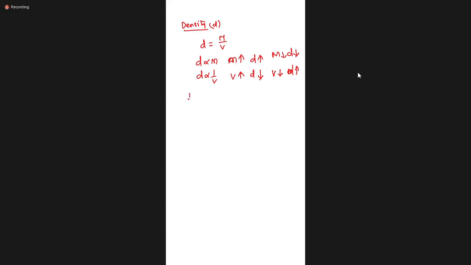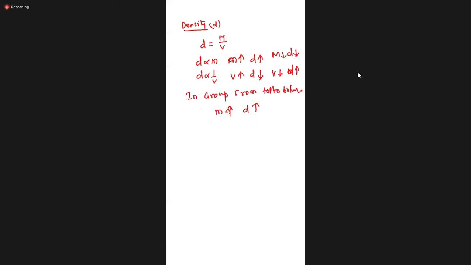So generally in the group from top to bottom, what will happen? Mass increases, so density increases.